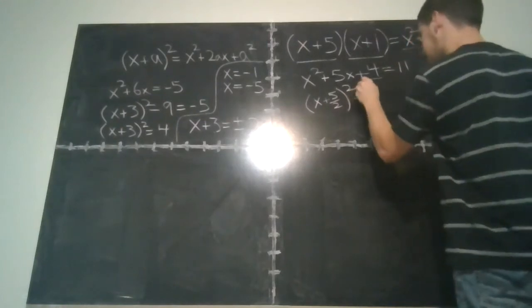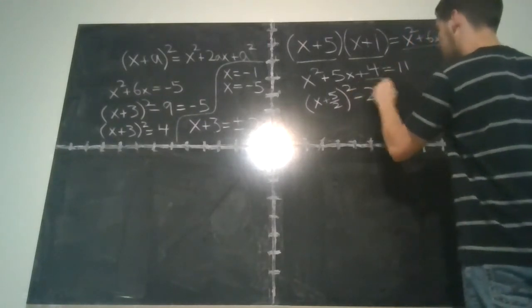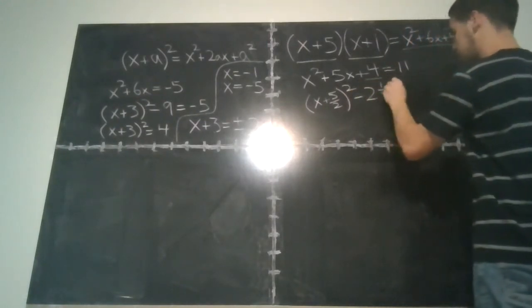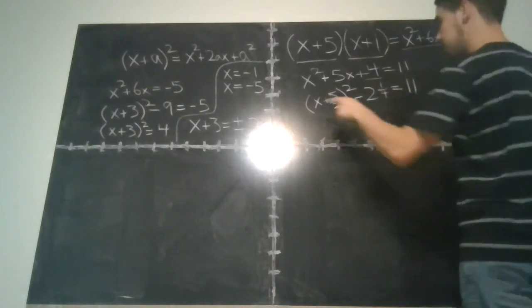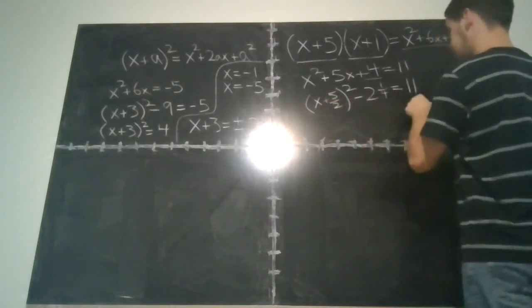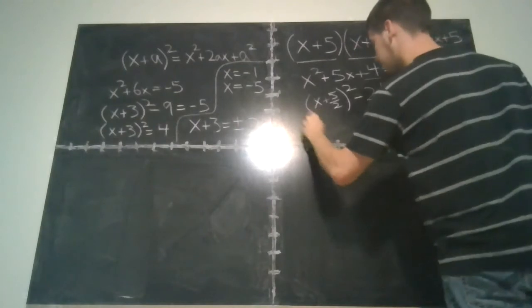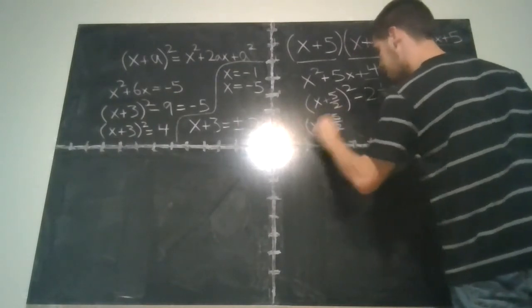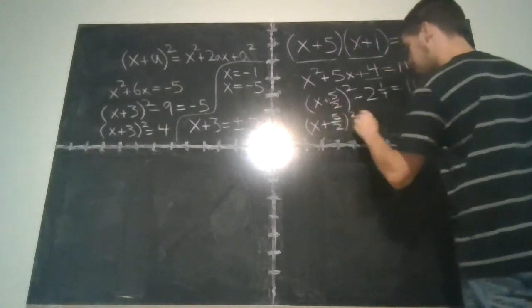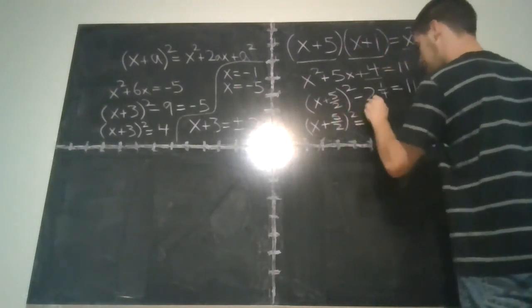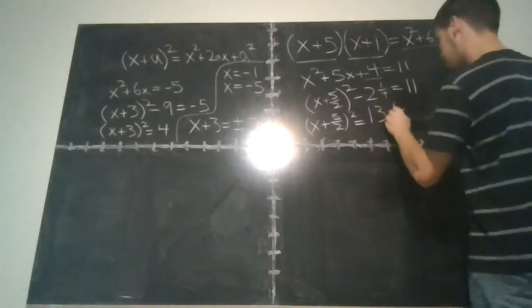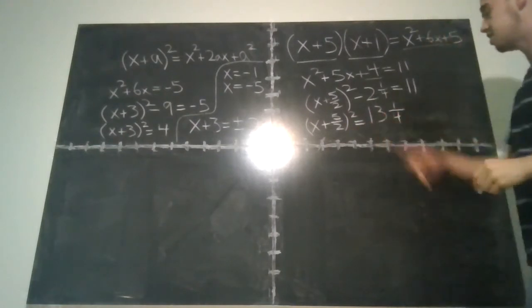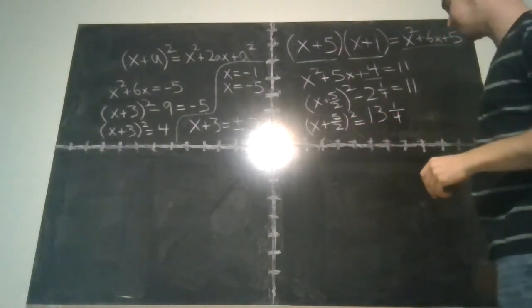So this minus 2¼ equals 11. So x plus 5/2 squared is 13¼. So now all we need to do is take the square root of both sides.